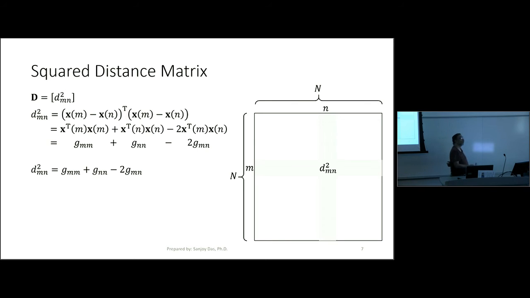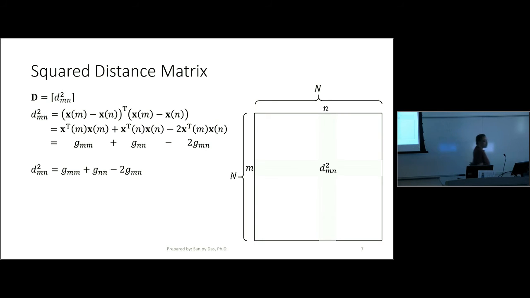So if we have the Gram matrix, we will be able to compute the distance matrix. But our problem is the reverse. MDS is used when we have the squared distance matrix or the distance matrix. You can square them element-wise. Once you have the distance matrix or the squared distance matrix, then you do things. So our immediate goal is not to find the squared distances from the Gram matrix, but to find the Gram matrix from the squared distance matrix. It's the opposite.